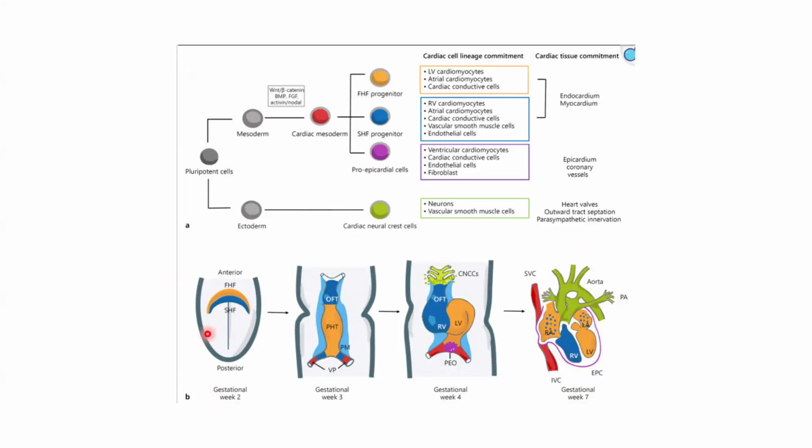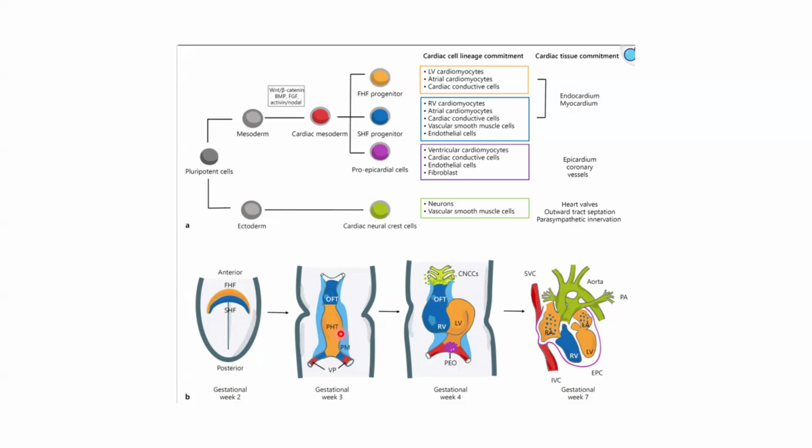You have the first heart field and secondary heart field, which through all the processes we talked about end up forming a tube. And like I did indicate, most of the heart is formed primarily from the first heart field. Only a small portion, a bit of the anterior part and a little bit of the posterior part, are formed from the secondary heart field.